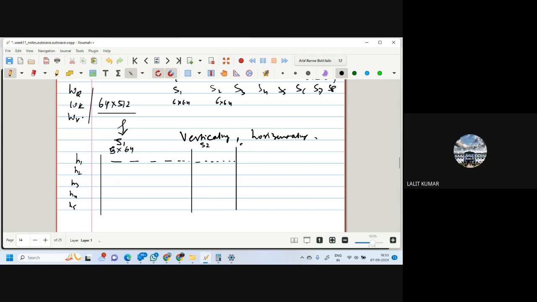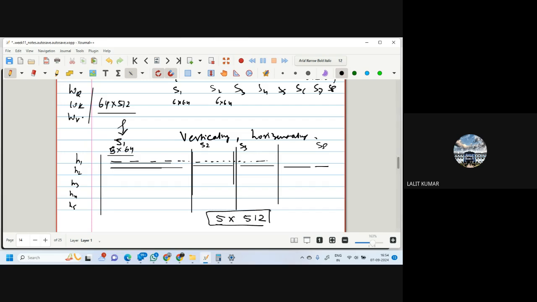S3 I get 64. And now till S8 I get all the 64 and I concatenate. So here I get these values, here I get these values, here I get these values. So concatenation is not addition, it is putting that value next to that. So finally, this one was 5 into 64 and it was 8 times. So I get now 5 into 512.